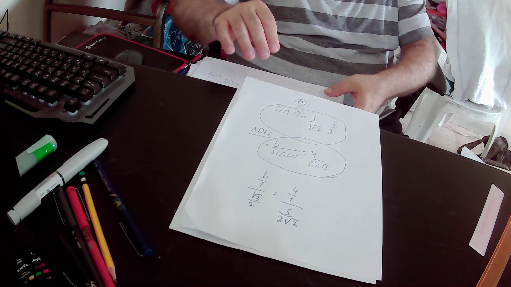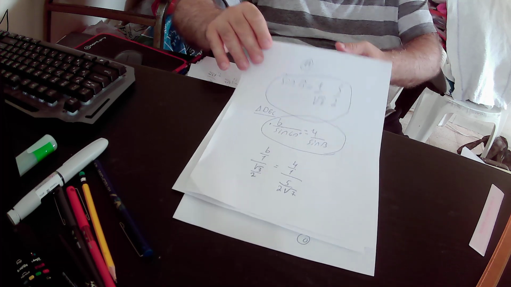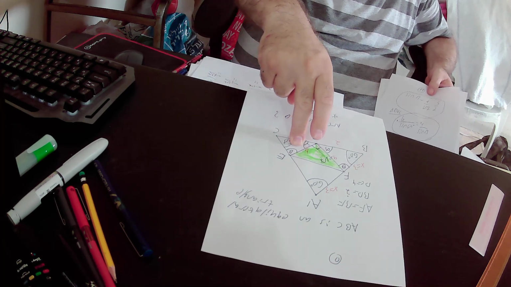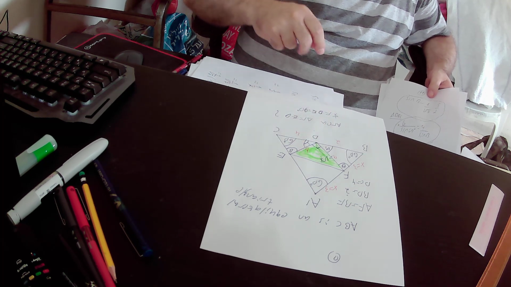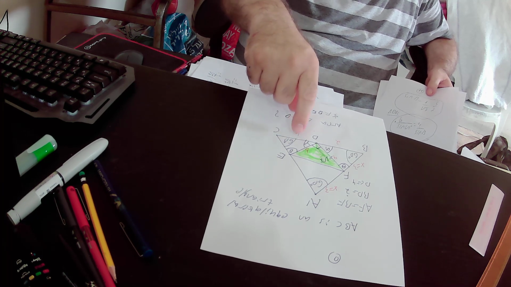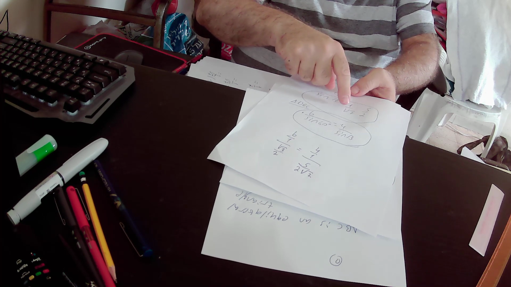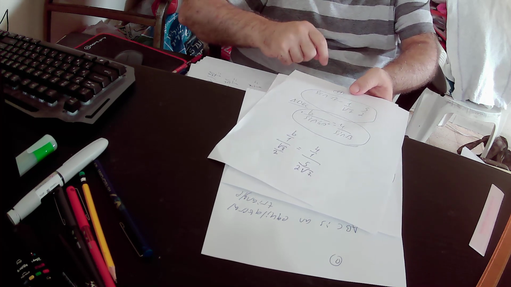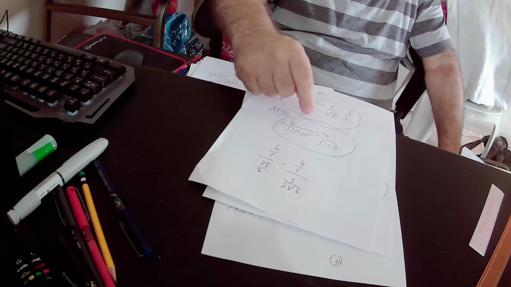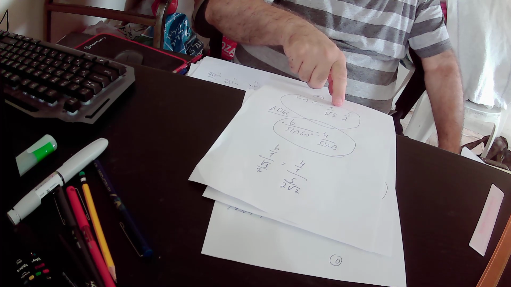Then we implemented the law of sines in triangle DEC, in order to find the value of B. According to the law of sines, B over sine 60 degrees equals 4 over sine beta, and we have already found that the value of sine beta is this expression.